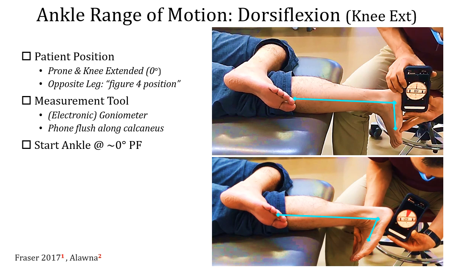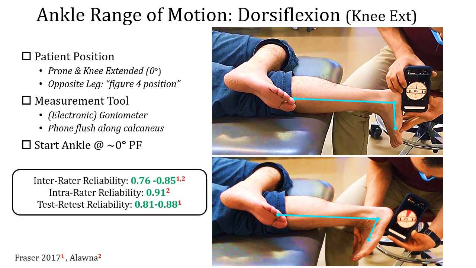So consistently, I'm going to put the corner of the phone, as you can see, right up to the head of the 5th metatarsal, such that I'm going to capture more of the calcaneus dorsiflexion motion rather than the forefoot, which is typically a bit more mobile than the hind foot. And going into it, there's going to be an inflection point into dorsiflexion. The reliability here, as I mentioned, not only within a single clinician, but across clinicians and from one time point to the next, is excellent.